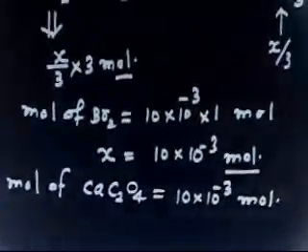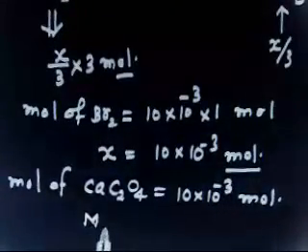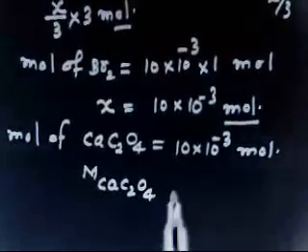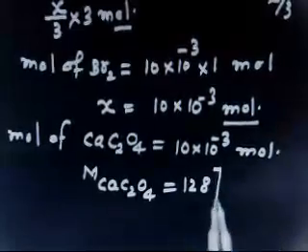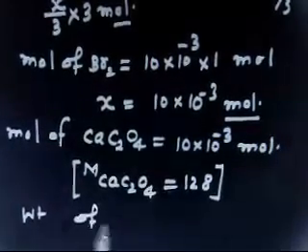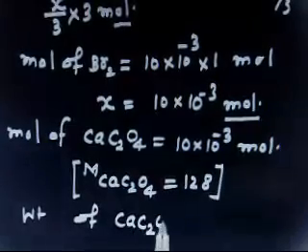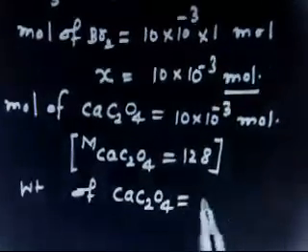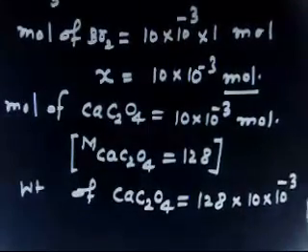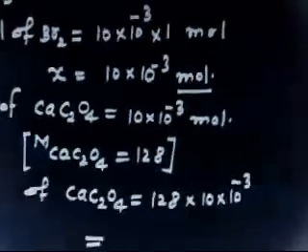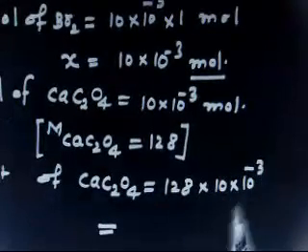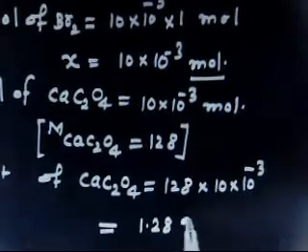The molecular weight of CaC2O4 is given to you, this is 128. You can verify yourself. So weight of CaC2O4 will be equal to 128 into 10 to the power minus 3, which is basically 0.128 into 10 to the power minus 2. So this is 1.28 gram.